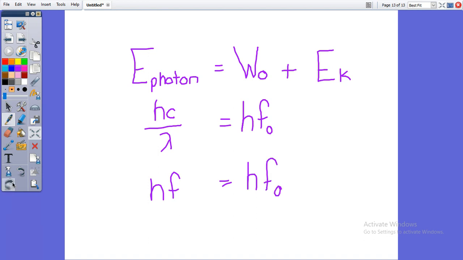The last energy then that is left: the energy of the photon, some of it is absorbed as the work function, and the rest is left for the electron to move away with. And that's the kinetic energy. And you know that kinetic energy is just half mv squared. So you could just put half mv squared in the EK calculation, because often they ask you for the actual speed of the electron. How fast are these electrons moving away?